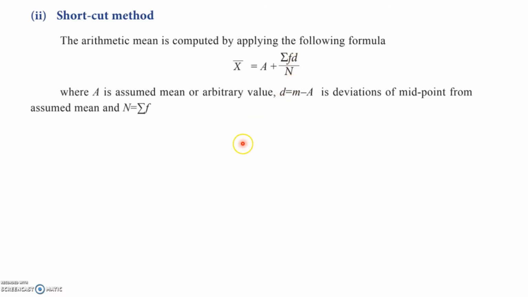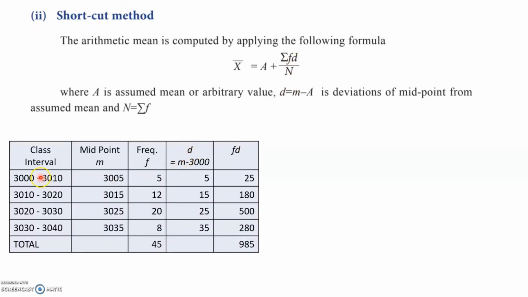Let's see an example. It will be easier for you to understand. I've taken here a class interval of 3000 to 3010. Let's assume this is a production factory, and this is the daily production of water bottles. In a day, the factory can produce around 3000 to 3040 water bottles. That's the production capacity. You're looking at how the performance was over 45 days. For 5 days, production was between 3000 to 3010 water bottles.